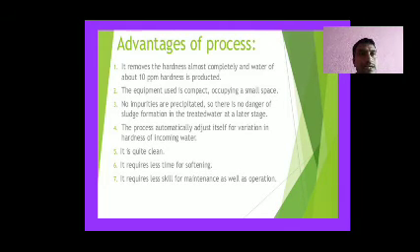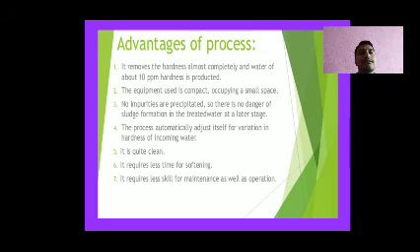Advantages of the zeolite process. It removes the hardness almost completely, and water of about 10 ppm hardness is produced. The equipment used is compact, occupying a small space. No impurities are precipitated, so there is no danger of sludge formation in the treated water at a later stage.